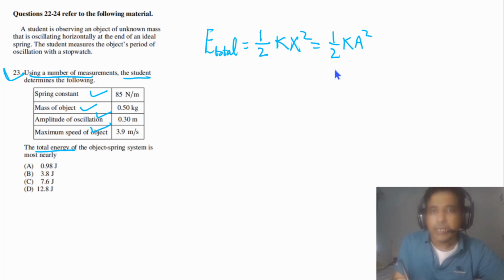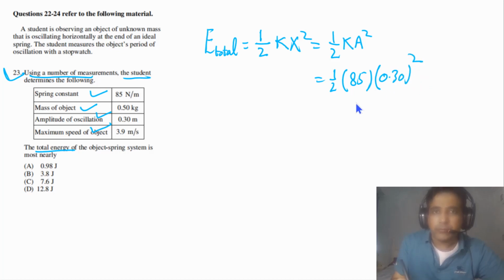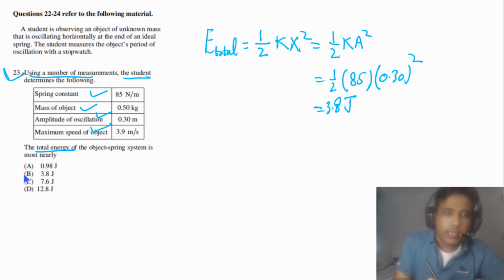Now if we plug in values, we can find the answer, because the value of k is given to us, that is equal to 85 newtons per meter, and we have the amplitude of oscillations that is equal to 0.30 meters squared. If we solve this one, our answer will be around 3.8 joules. So the answer for this question has to be B.